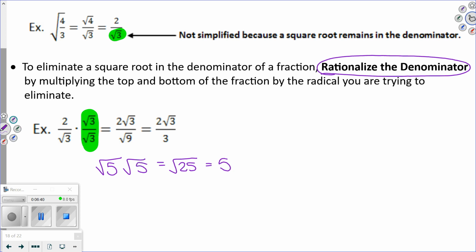Okay. So if I have radical 11 times radical 11, what's that give me? 121. There you go. And the square root of 121? Anybody noticing anything? Radical 7 times radical 7 gives me radical 49. Square root of 49 is 7.